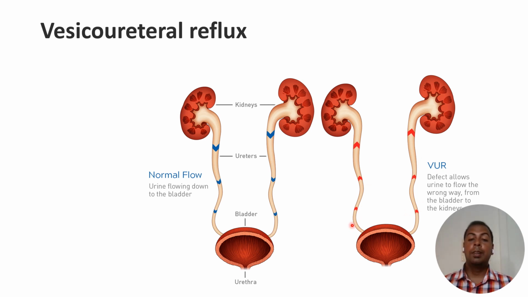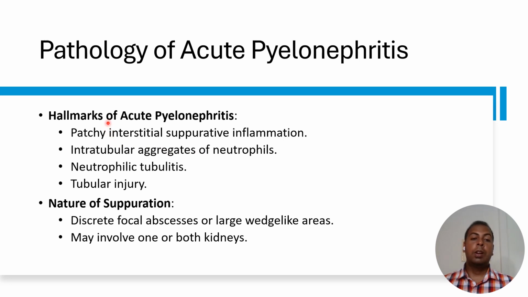This could also cause increased pressures in the ureters and the kidneys, which would also predispose to hydronephrosis or hydroureter. And I've talked more about that condition in a separate video, so you could reference that video if you wish. All right, so now we're going to look at the gross and the microscopic pathology of acute pyelonephritis.